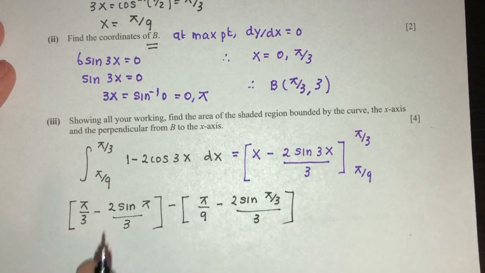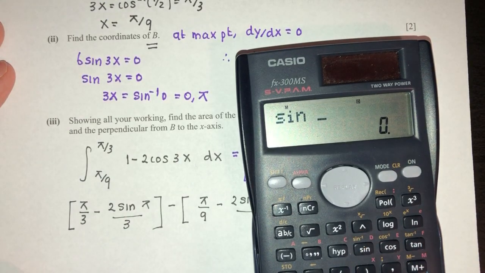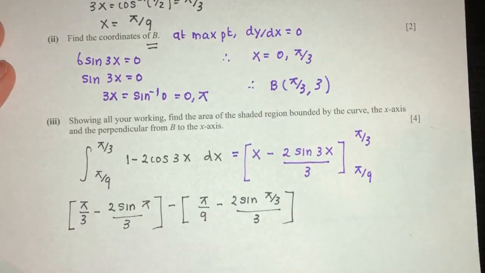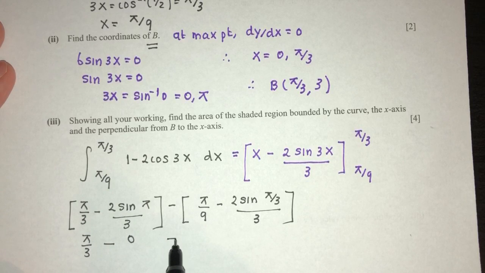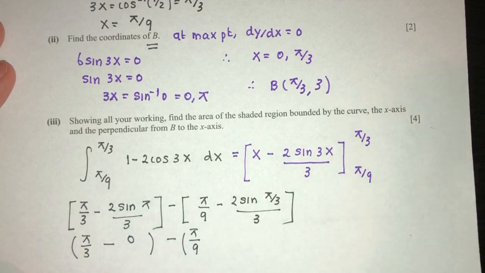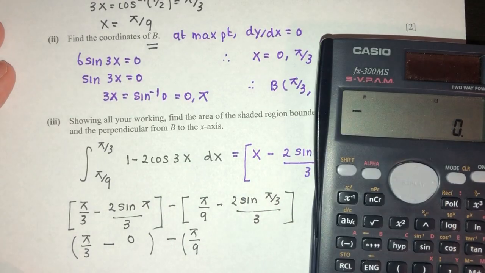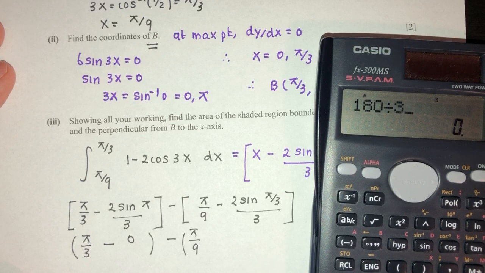So simplify, this is what? Sine of pi, which is 180, is 0. So this is 0. This is pi by 3 minus this is pi by 9. And what is this one? Sine of 60, so pi is 180, divided by 3 is 60.